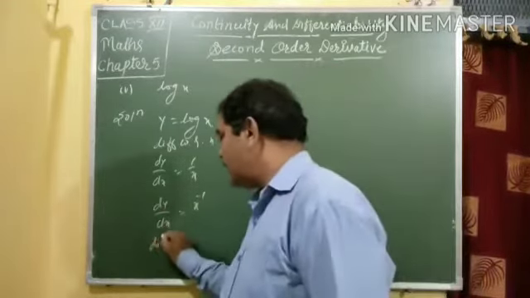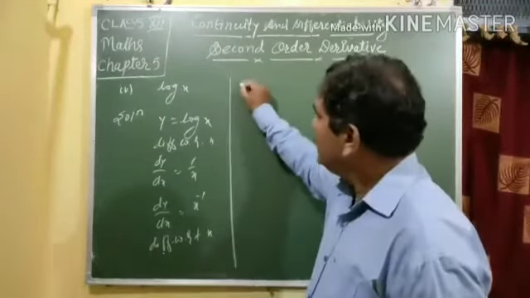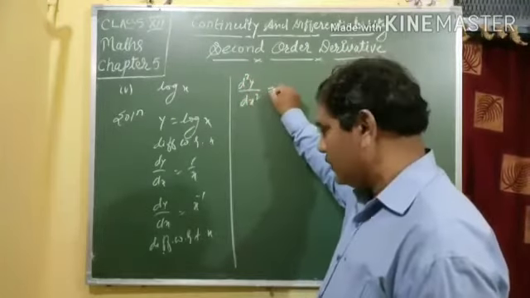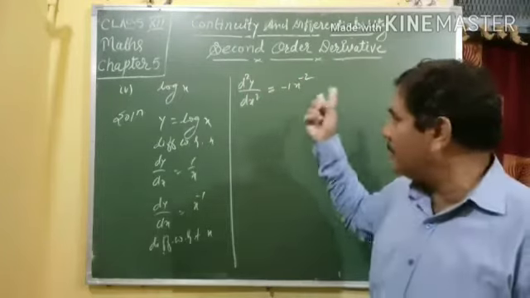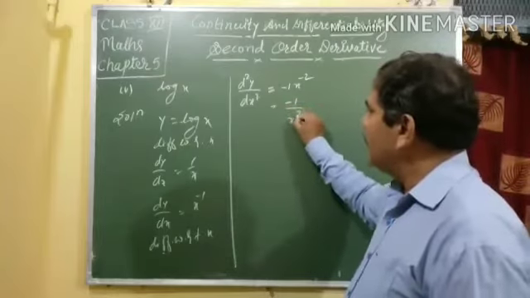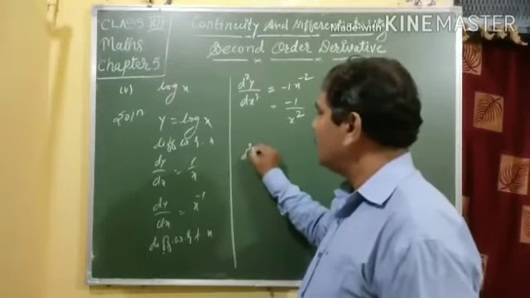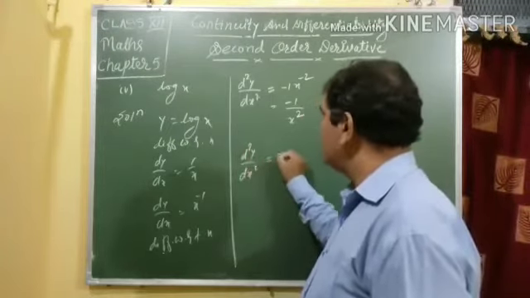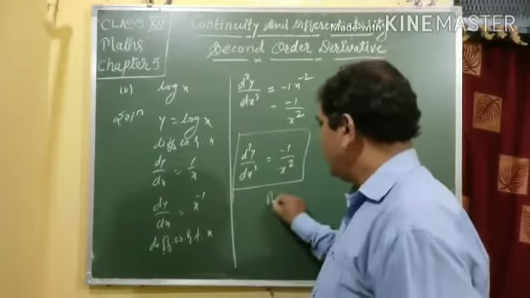What will we get? d square y by dx square is equal to minus 1 x to the power minus 2. Then you can write 1 upon x to the power 2. So this is the answer. You can write d square y by dx square is equal to minus 1 upon x square. So this is the answer.